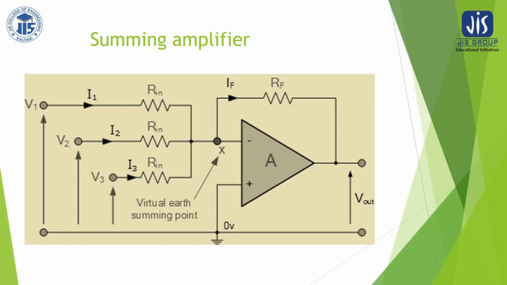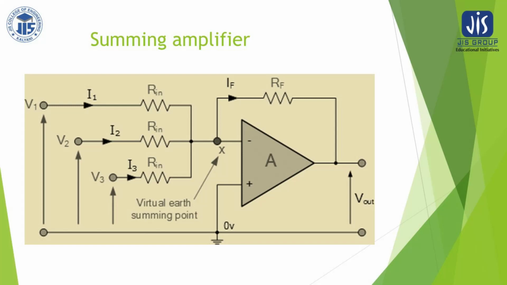If we write a KCL at this point, what can you get? V1 minus 0 by R, V2 minus 0 by R, and V0 minus 0 by RF. So it is V1 minus 0 by R plus V2 minus 0 by R plus V0 minus 0 by RF, that is equal to 0.